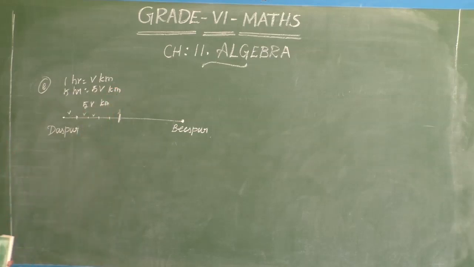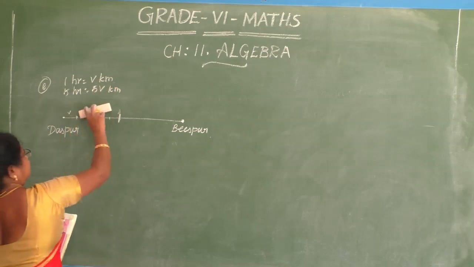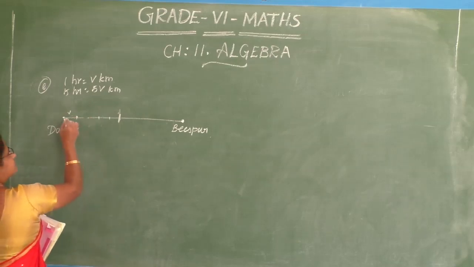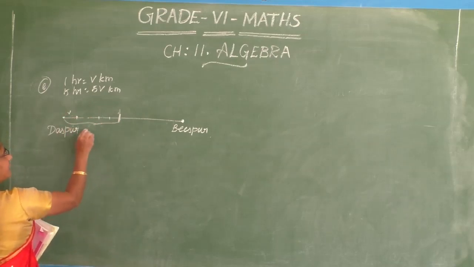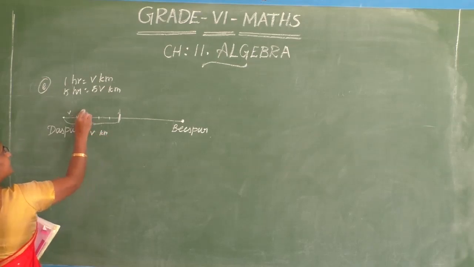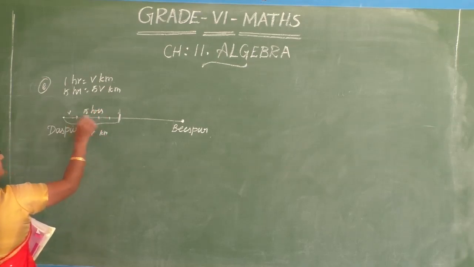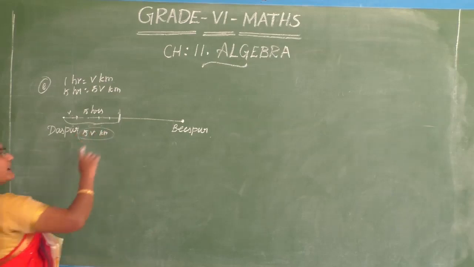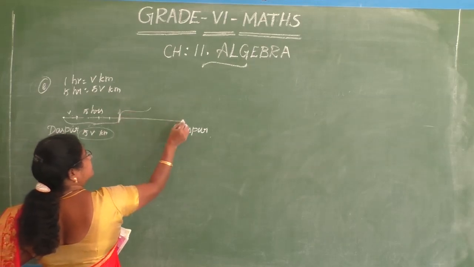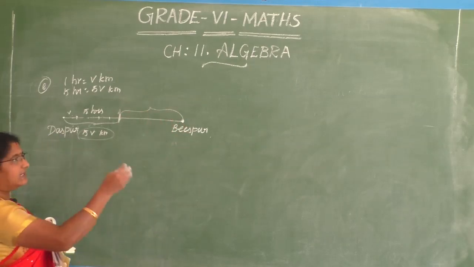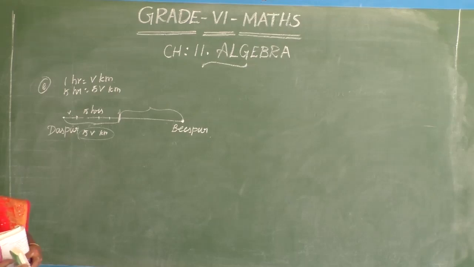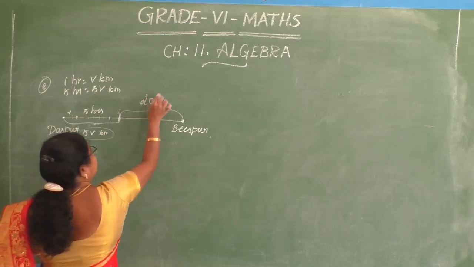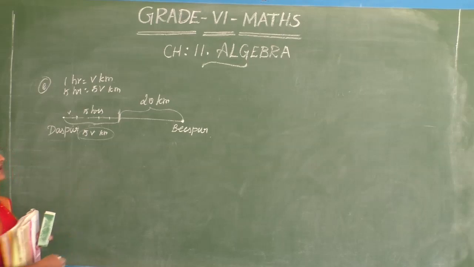That means in 5 hours we moved 5v kilometer. After 5 hours, Bispur is 20 kilometer away, so the remaining distance is 20 kilometer.